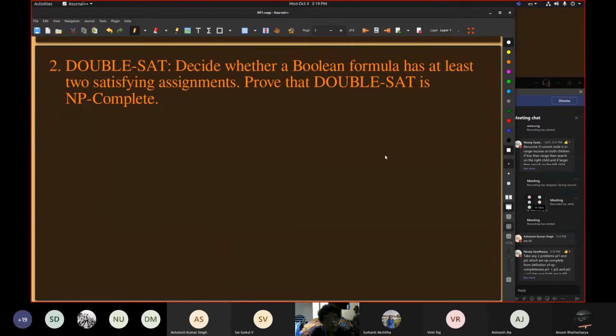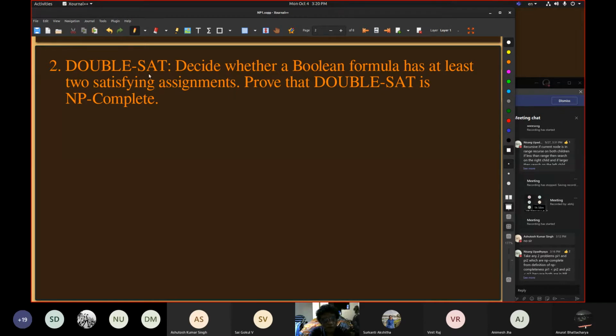Yeah, so this is where you are asked to prove some kind of reduction. And in this case, of course, the reduction is not so difficult. So I define the problem double set as the problem of deciding whether a given Boolean formula has at least two satisfying assignments.